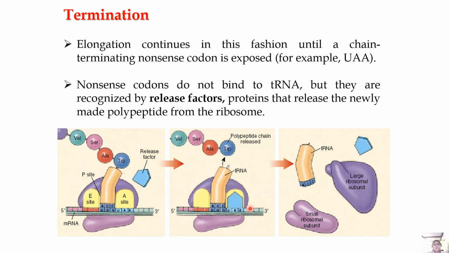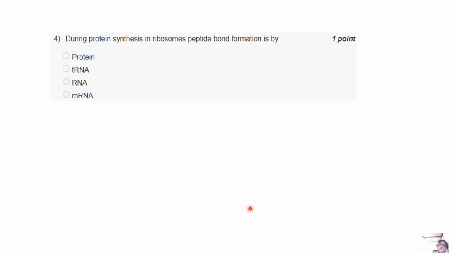So elongation continues in this fashion until a chain terminating nonsense codon is exposed, like UAA. Nonsense codons do not bind to tRNA, but they are recognized by release factors. Proteins called release factors release the newly made polypeptide from the ribosome.